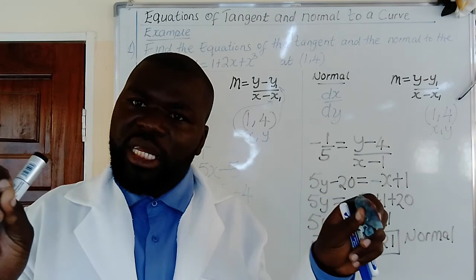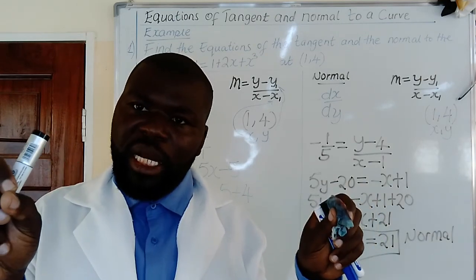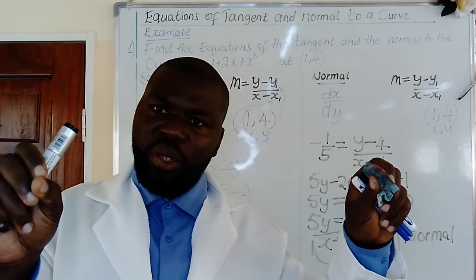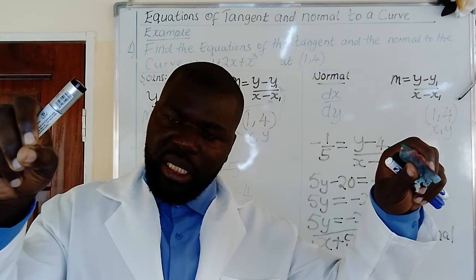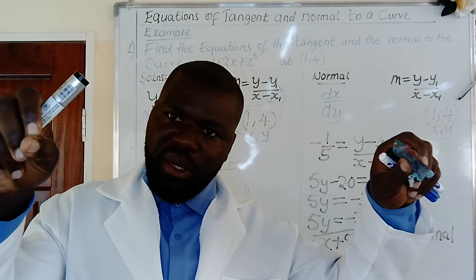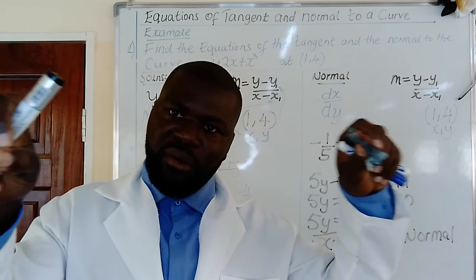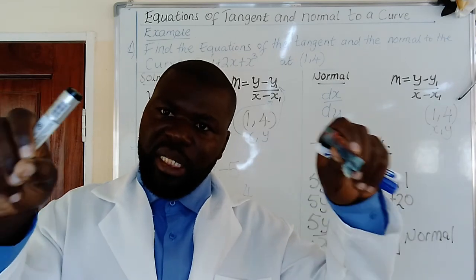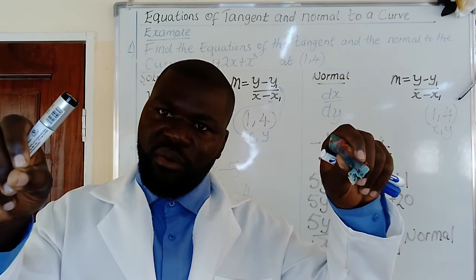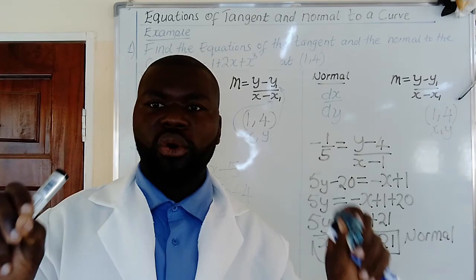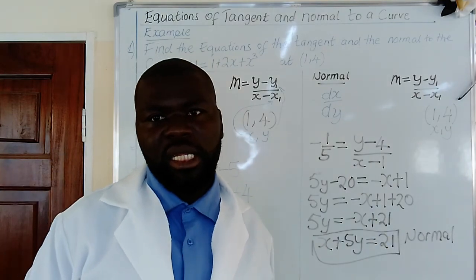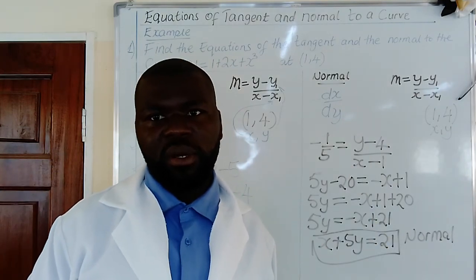So once we get the gradients, one for the tangent and one for the normal, then we use that particular point together with these two respective gradients. We get the equation of the tangent and the equation of the normal. So basically, this is how we get the two equations.